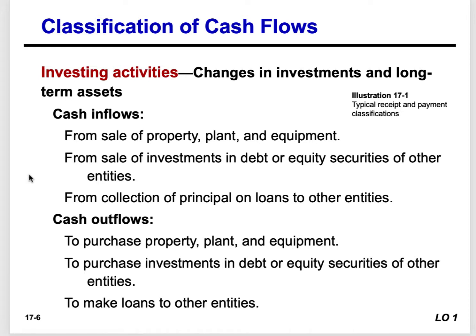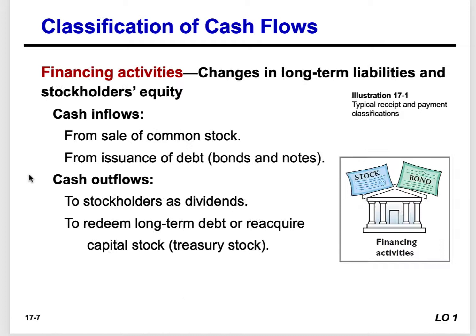But recognizing that it's a long-term asset, it belongs under investing, okay? Same thing with the sale of investments in debt or equity securities of other entities. We're not talking about our own securities. We're talking about what we invest in other entities. That has to go under investing activities. So whether we buy investments or we sell investments in other entities, it is only an investing activity, okay?